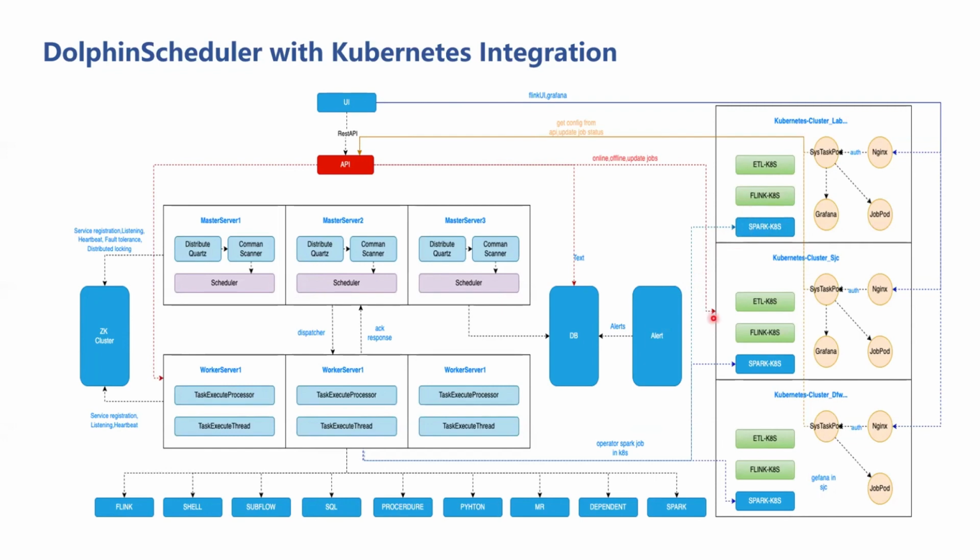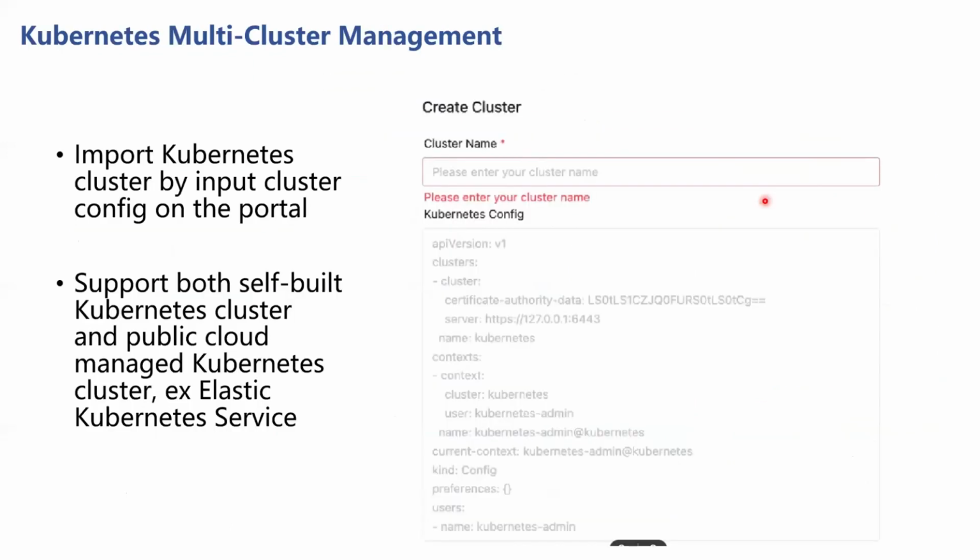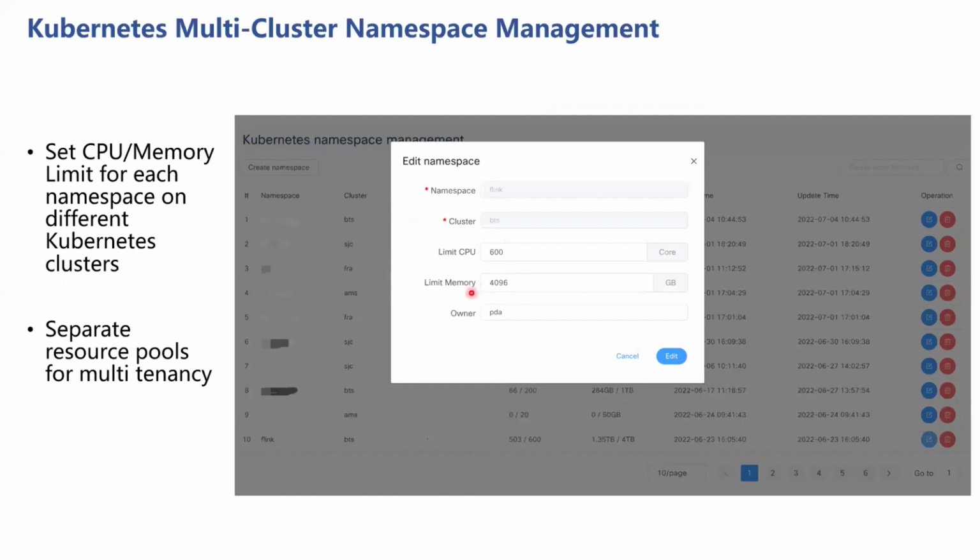We have no interference, and we are also multi-tenant, so you can connect as many Kubernetes clusters as you want. It's very easy. You put in the Kubernetes config and name the Kubernetes cluster, and as we tested before, we support EKS on Amazon AWS, so you can add your cluster and run the job. Then you can set namespace quotas for CPU and memory to protect resources, setting limits on the namespace, which means setting limits for dedicated workloads.